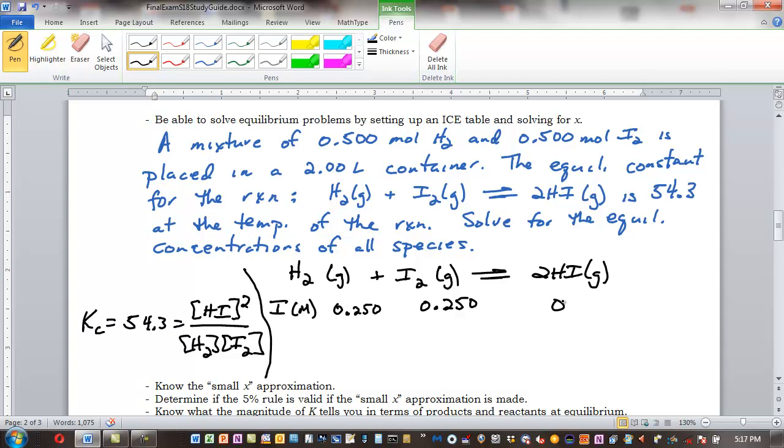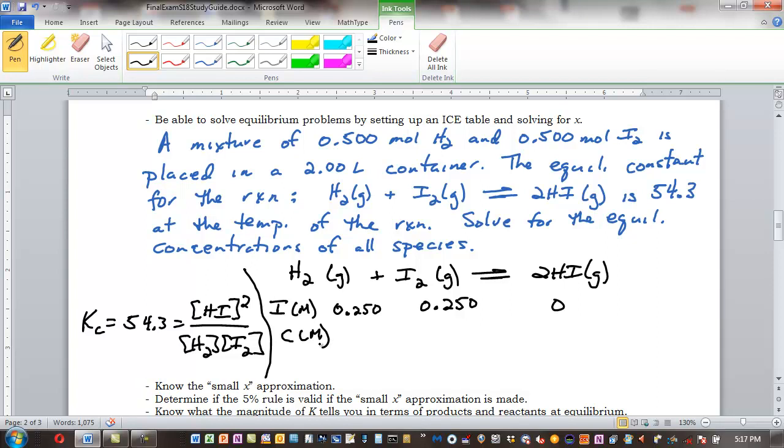Now for this one, you can look at your K, 54.3. We should actually end up with a little bit more product than reactant. But seeing that 0 for product right away, you should say, not at equilibrium. So we definitely will shift to reach equilibrium. It has to go to product in this case.